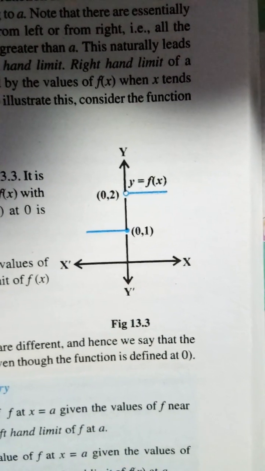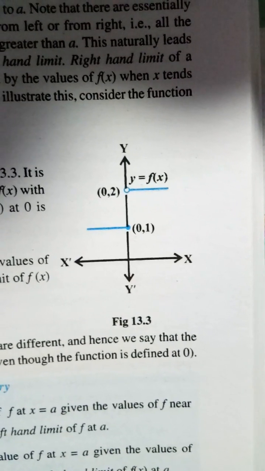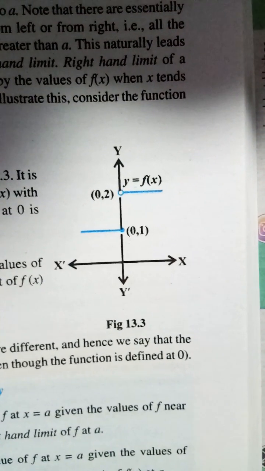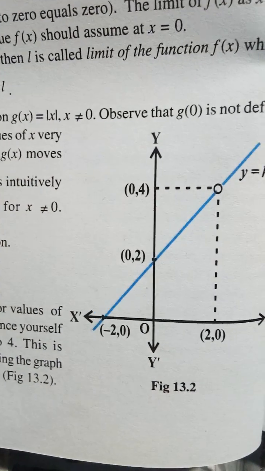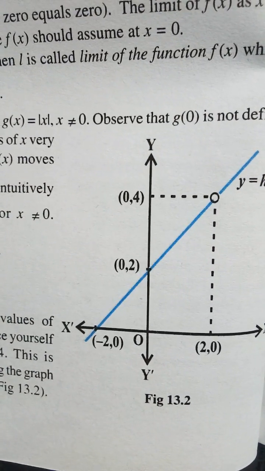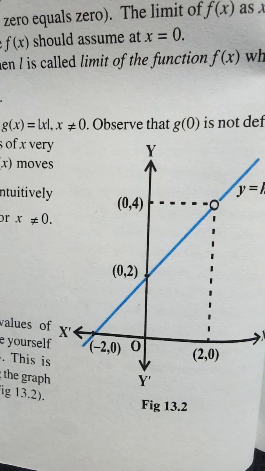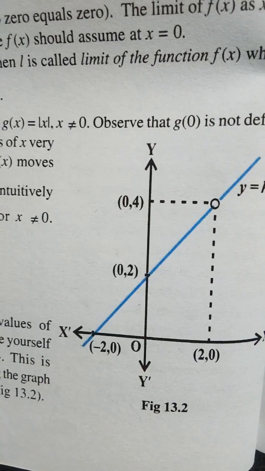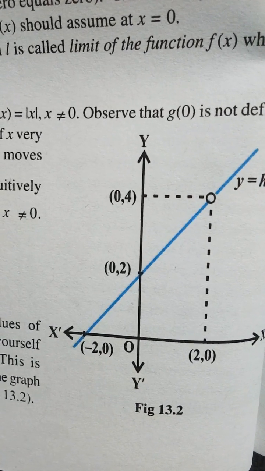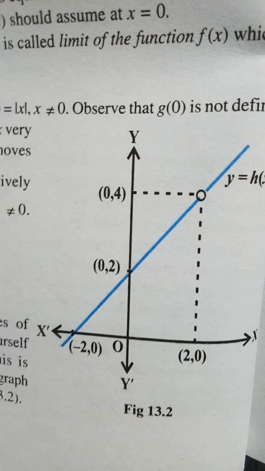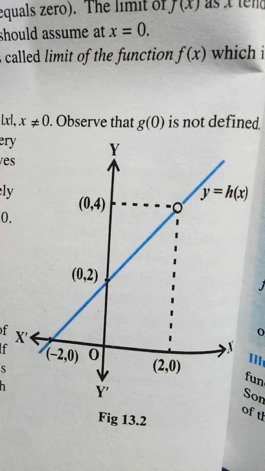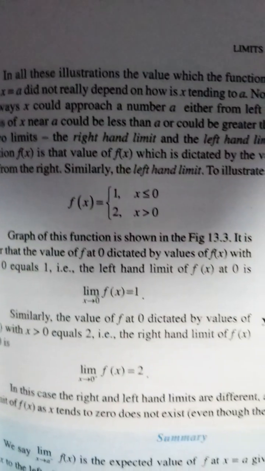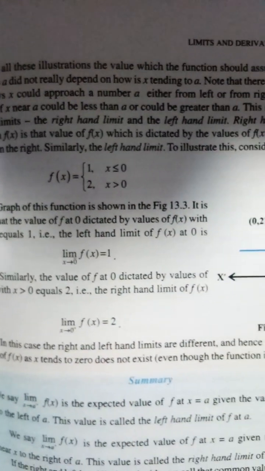Note that there are essentially two ways x could approach the number a, either from left or from right, i.e. all the values of x near a could be less than a or could be greater than a. This naturally leads to the two limits, the right hand limit and the left hand limit.